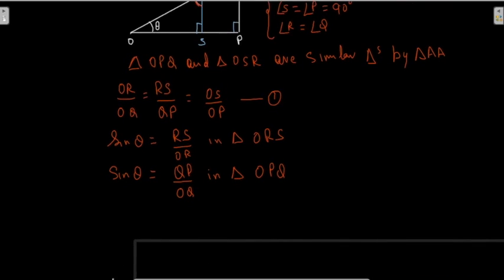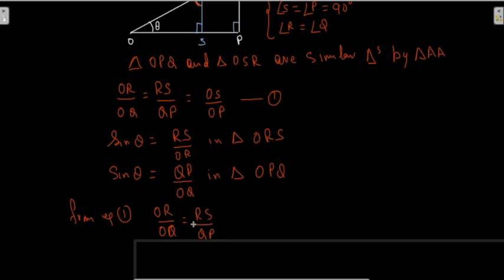So we take this part. We say that from equation 1, OR over OQ is equal to RS over QP.